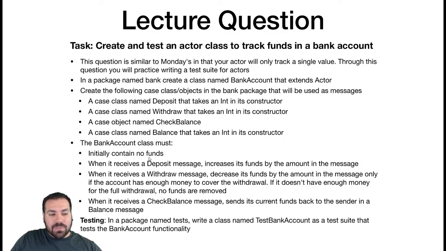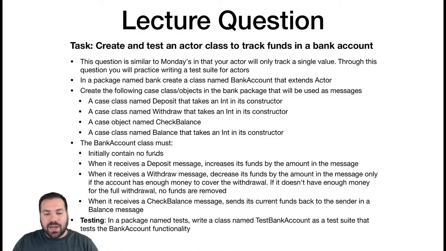So the bank account starts with 0 funds. Whenever you get a deposit, add the int from that deposit to the current funds of the bank account. Whenever you get a withdrawal, you're going to subtract those funds from the bank account, but only if you have enough funds to withdraw. If this would cause an overdraft where the withdrawal is greater than the current funds in the bank account, don't do anything.